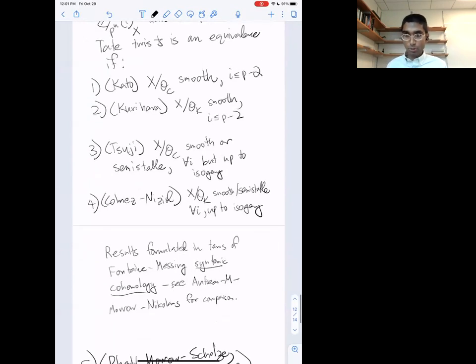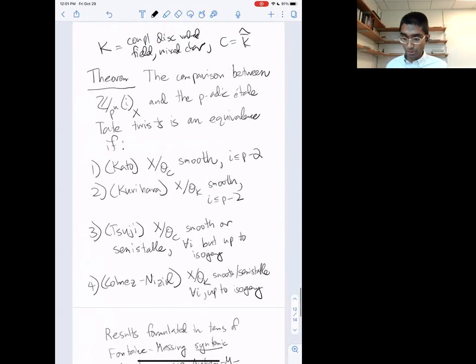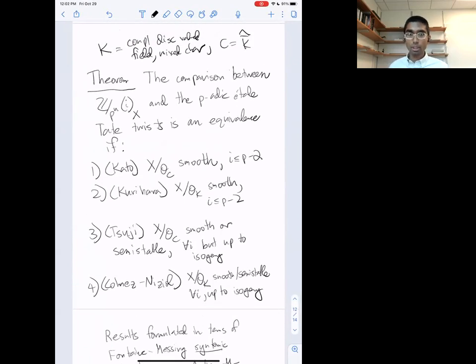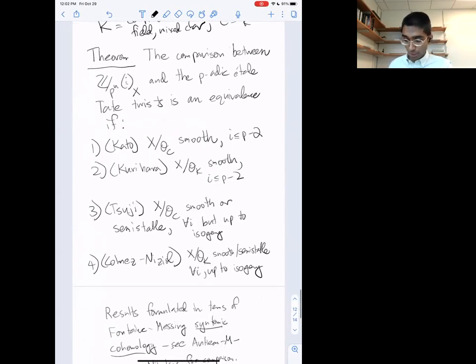So if you have something which is smooth or semi-stable over O_C, then it was proved by Tsuji that the comparison map is an equivalence, again up to isogeny in all weights. And if you have something smooth or semi-stable over O_K instead of O_C, where K is again something discretely valued, then this was proved by Gomez and Niziol.